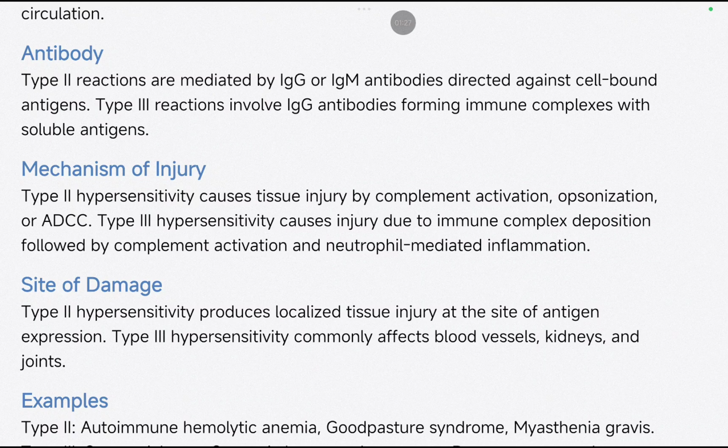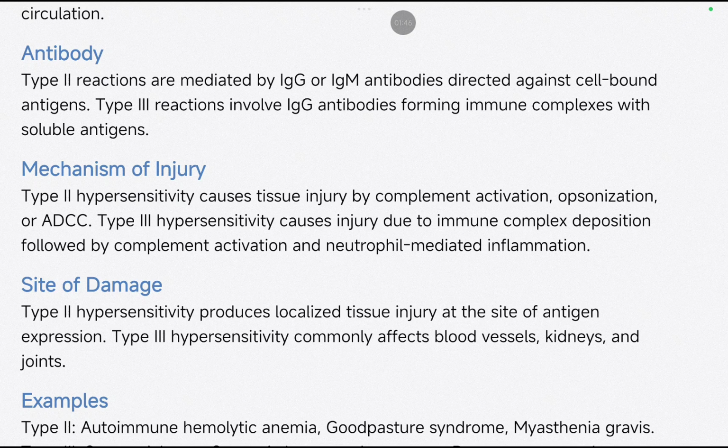Mechanism of injury. See, type 2 hypersensitivity causes tissue injury by complement activation, opsonization, or ADCC. Whereas type 3 hypersensitivity causes injury due to immune complex deposition, followed by complement activation and neutrophil-mediated inflammation.